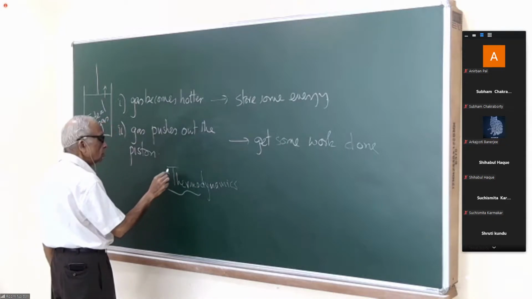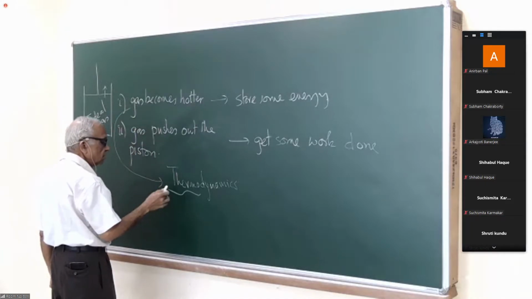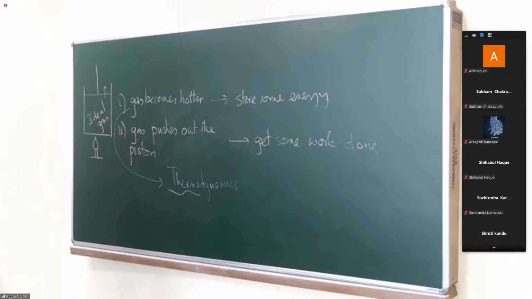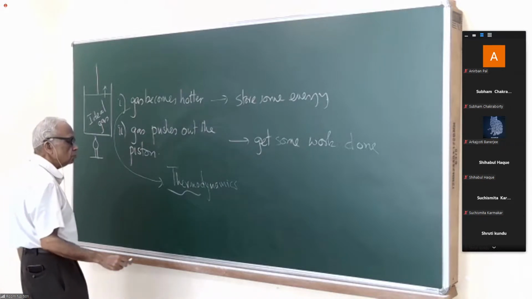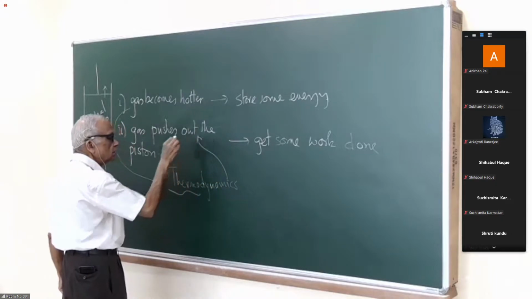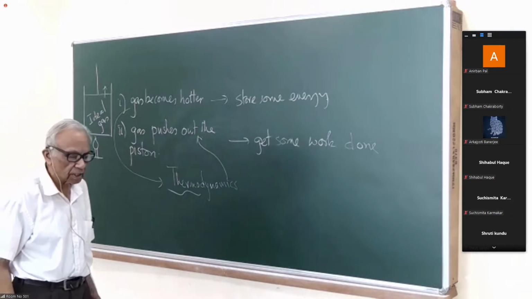The thermo part is that if you give the gas a certain amount of heat, its internal energy would increase, and you have a ready source of energy which you can use to push out a piston and get some work done. So that's the dynamics part of it.